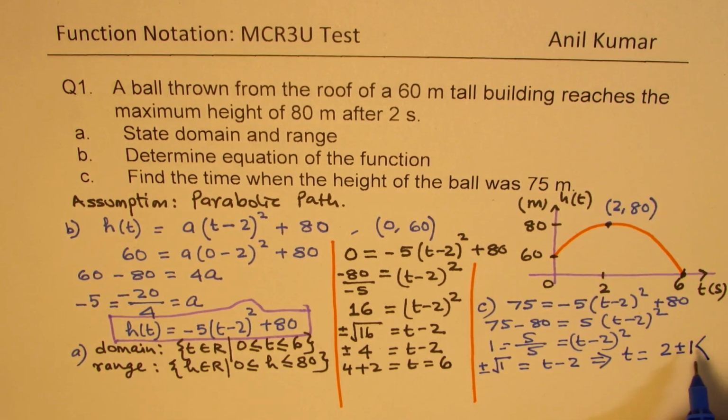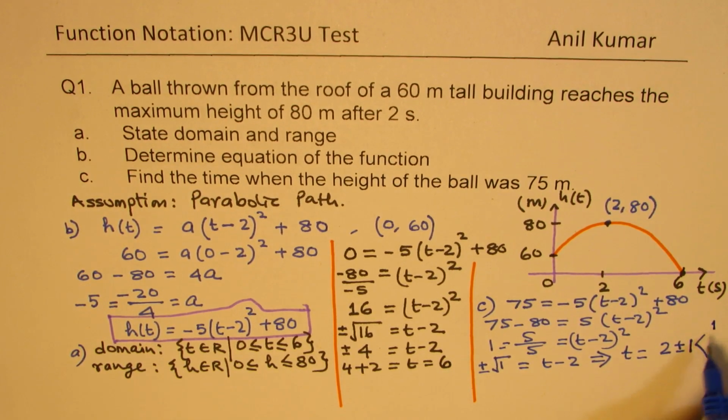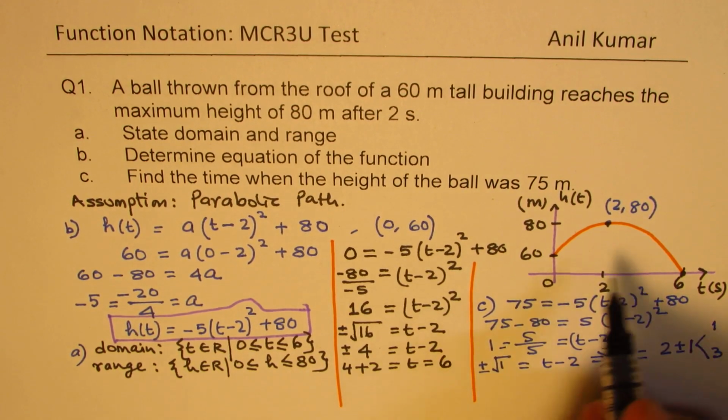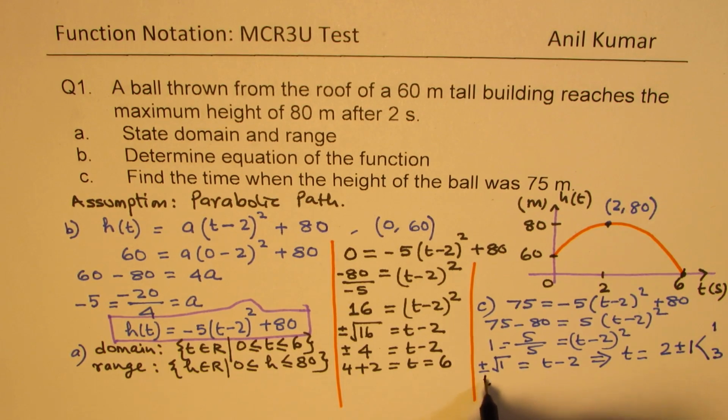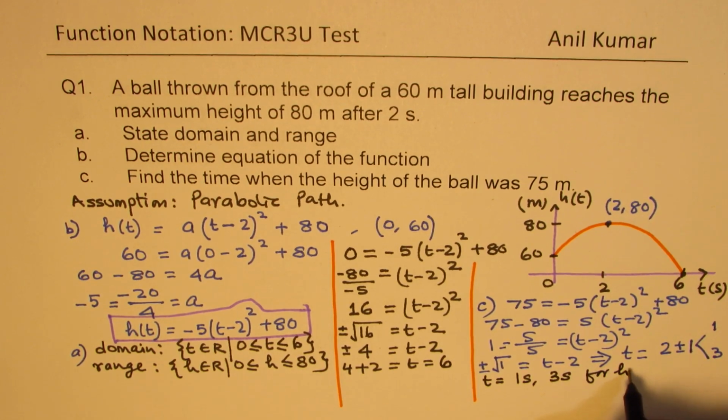So the two answers are 2 minus 1 is 1 and 2 plus 1 is 3. So we can now write down the answer here as the time t will be equals to 1 second and 3 seconds for height equals to 75 meters. Is that clear? So that is how we are going to solve this particular question.